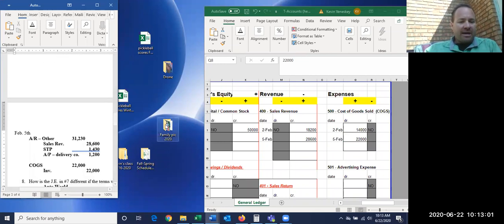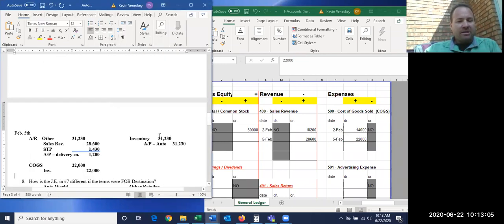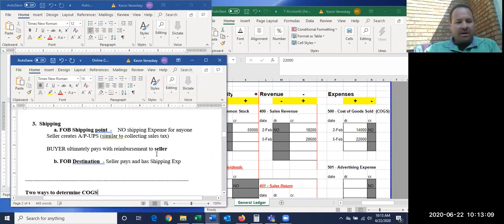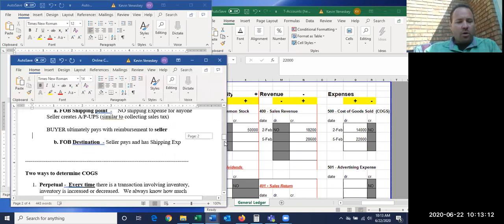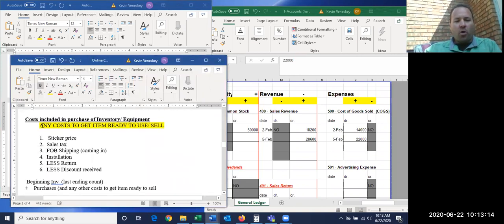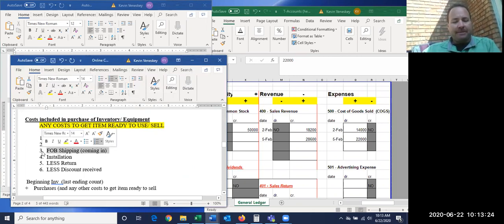The only thing different now on how the buyer would handle this is they would simply up their cost. Because remember back to my notes, when you are buying something, you include all the costs to get the item ready to use or sell. And that includes not only potential sales tax, but it also includes shipping that you, this buyer, have to pay.